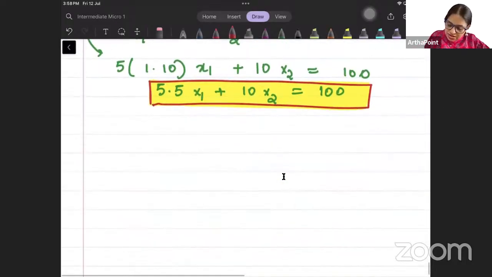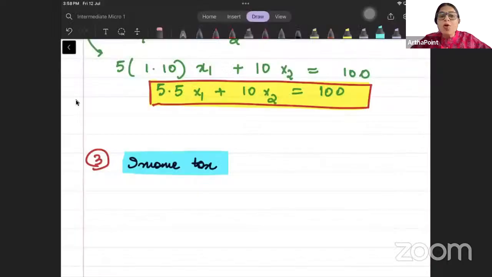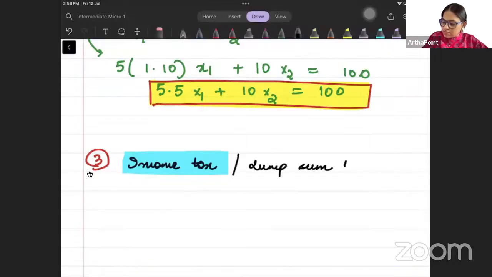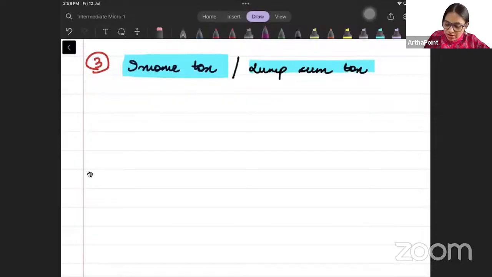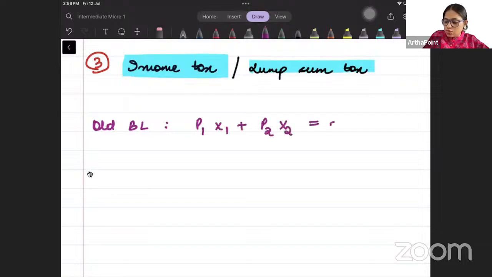Case 3, beta, the last case. Income tax is on the income of the consumer. It is also called a lump sum tax. So for example, beta, your old budget line, that is P1 X1 plus P2 X2 is equal to income of the consumer.